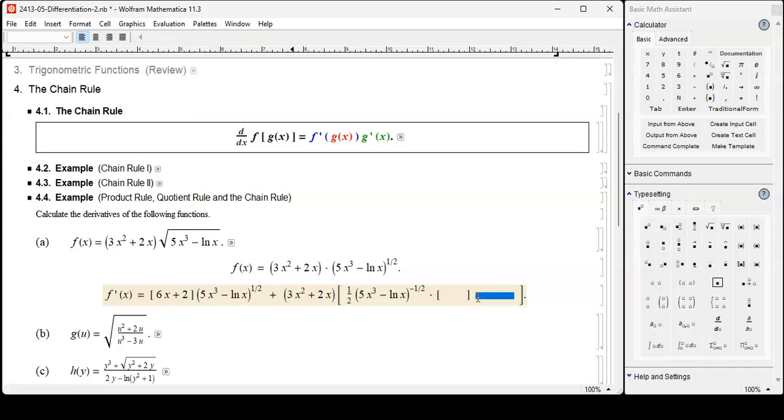What's the derivative of the inside? We have 5x cubed minus log of x. So that is 15x squared minus 1 over x, or negative first power, the derivative formula for logarithmic function. That completes the problem. You can always combine chain rule with other derivative rule.